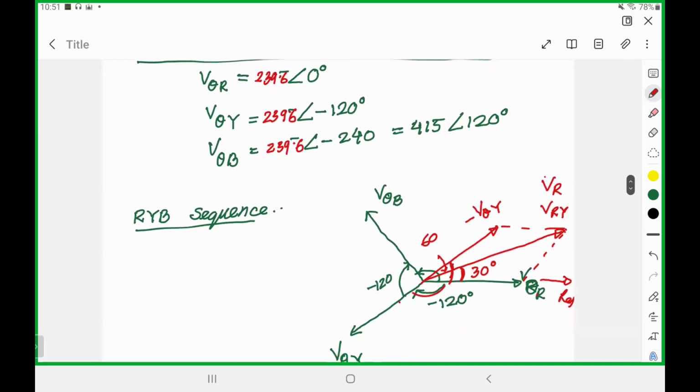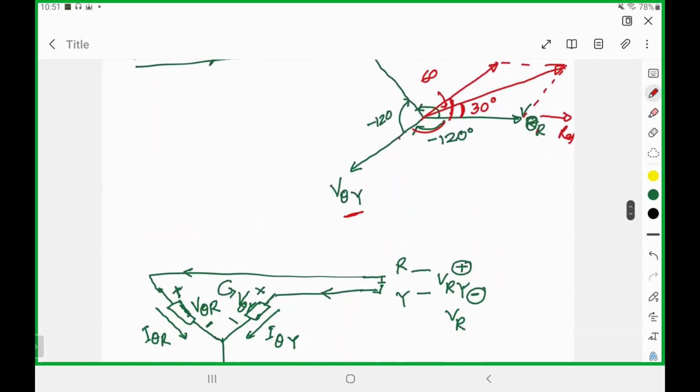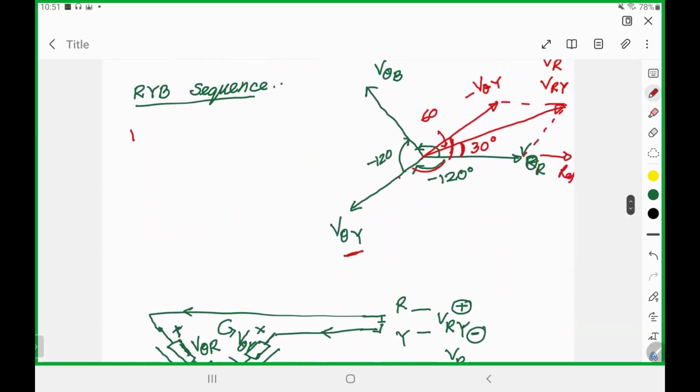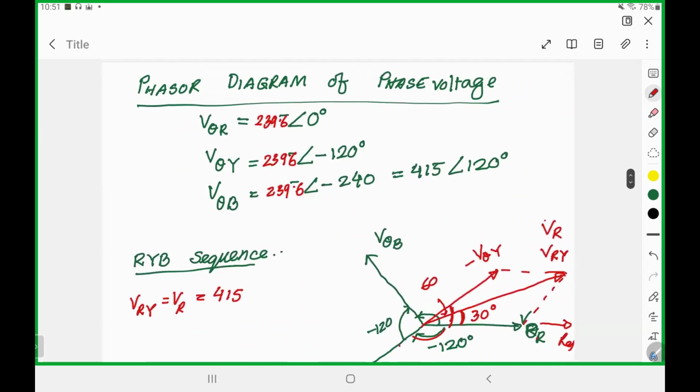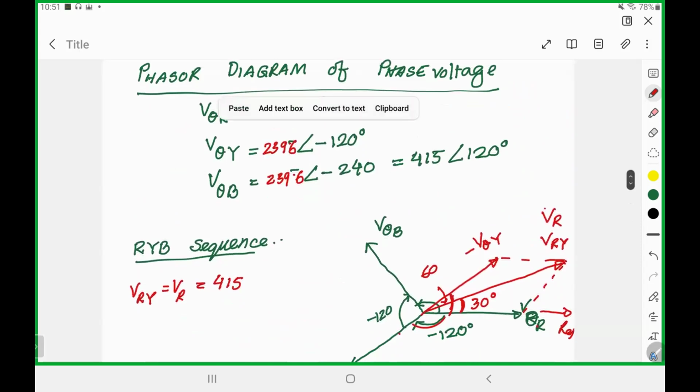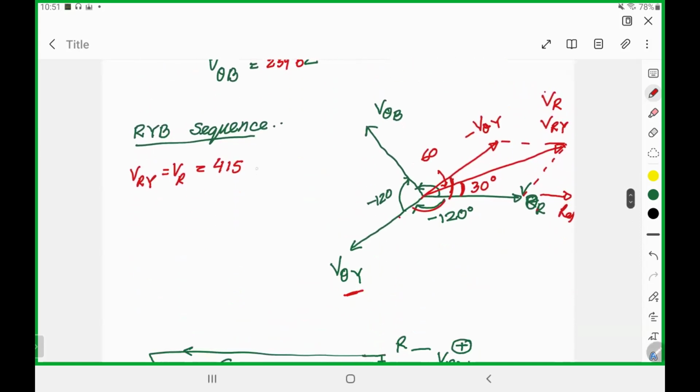Now the line voltage, we have already found the magnitude. Now we can tell the angle. We can write down VRY is equal to 415. Now the first quantity, instead of 0, what would be the angle? This is the reference. We have already found this is 30 degrees, so it would be 30 degrees.